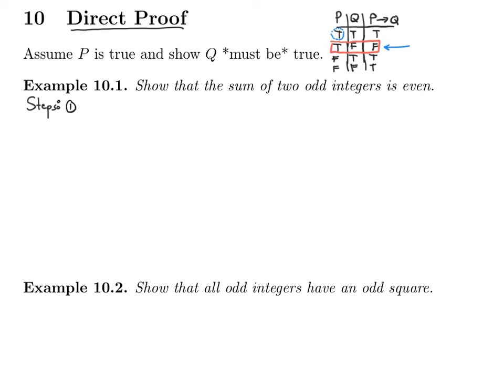So the first thing that you do is you assume that the if part, or P, is true. And the second thing is, using this assumption, you want to show that Q is true, so that the then part must be true.